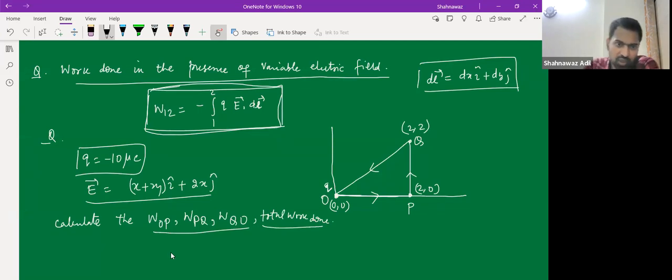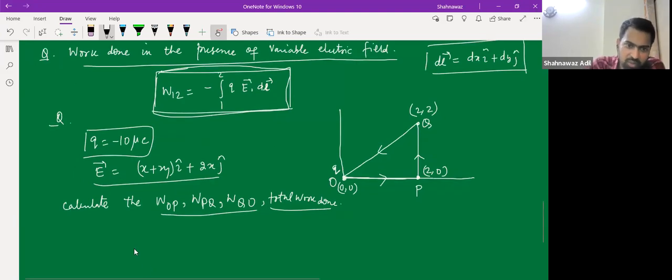Yes, sir. Okay, so from O to P, my length element would be in which direction? So how many directions do I have, from O to P?